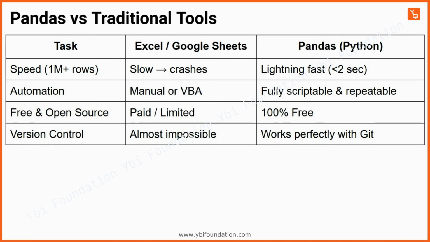You have to write a script or do it manually or use VBA, etc. But Pandas can do automation very easily. Excel and Google Sheets have very limited functions as compared to Pandas, and they are paid or have limited access. Whereas Pandas is open source and 100% free, and in Pandas we can also do version control.